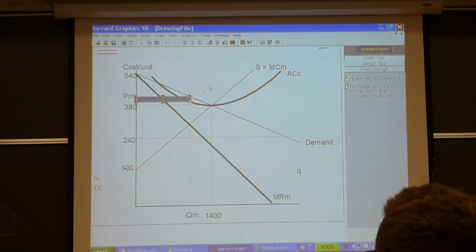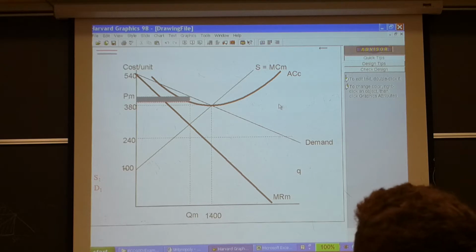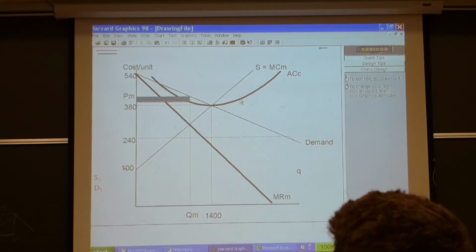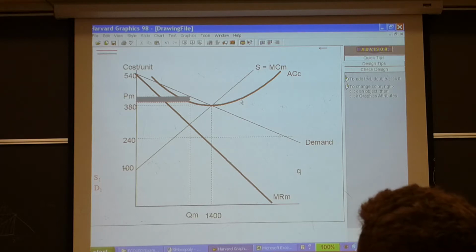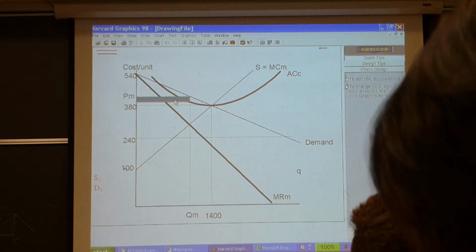Now we usually don't look at monopoly compared to long-run competitive equilibrium. We normally look at it like a short run. But this shows you that the monopolist in this case doesn't make these huge kind of profits where we get most of our diagrams because we're talking about short run. But the monopolist definitely gets an economic profit. Everybody?